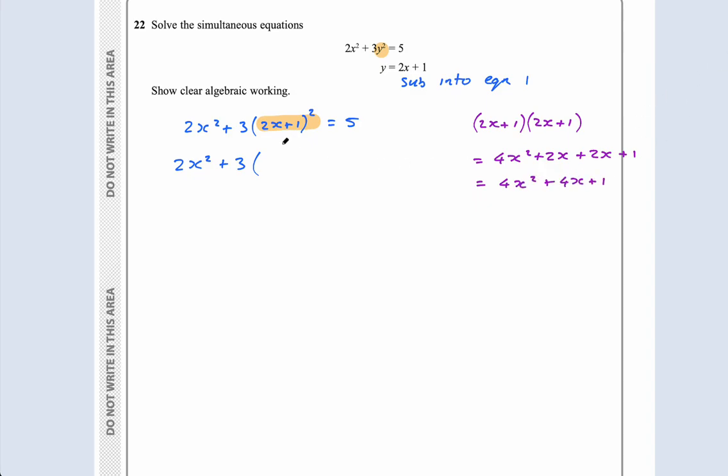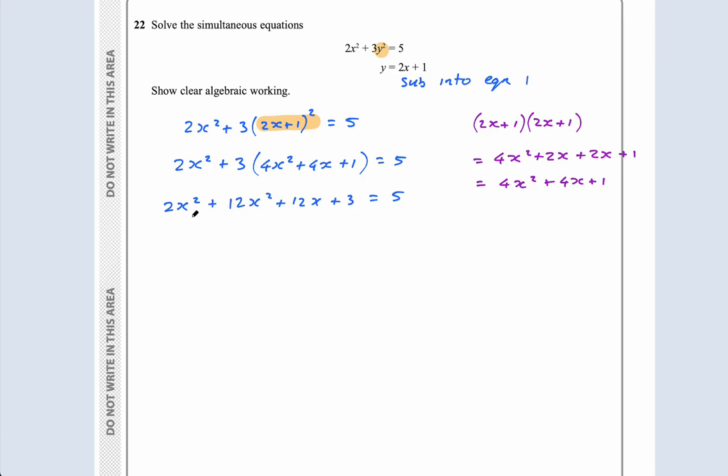Right, that I'm going to put here. 4x squared plus 4x plus 1 equals 5. Don't forget to multiply by 3. So I have my 2x squared plus 3 times 4 is 12x squared. 3 times 4 is 12x. 3 times 1 is 3. And this equals 5. Okay.